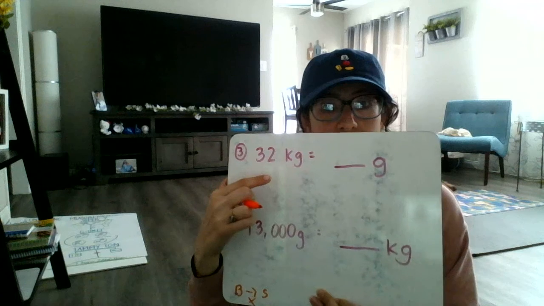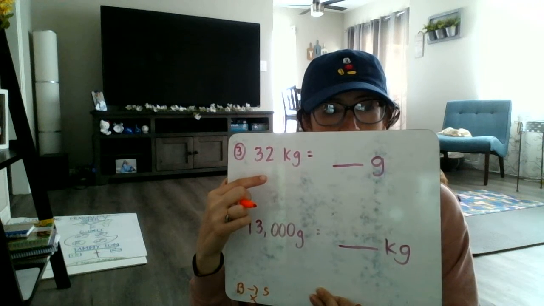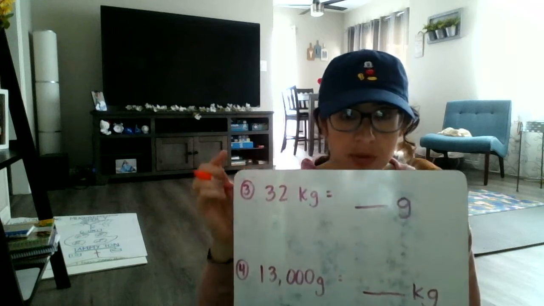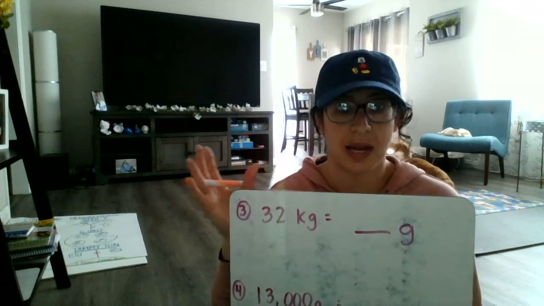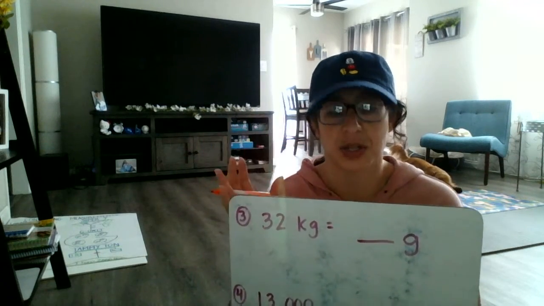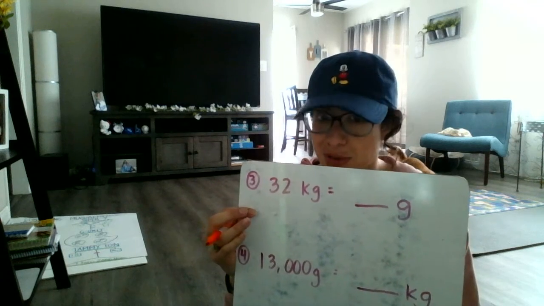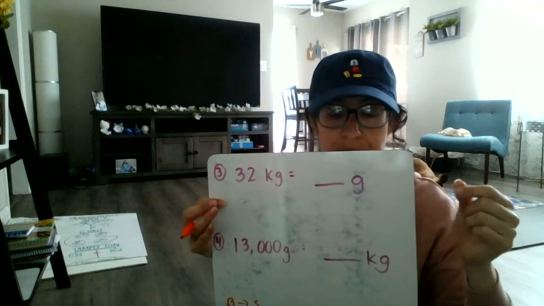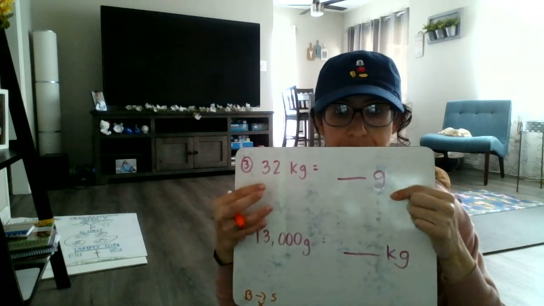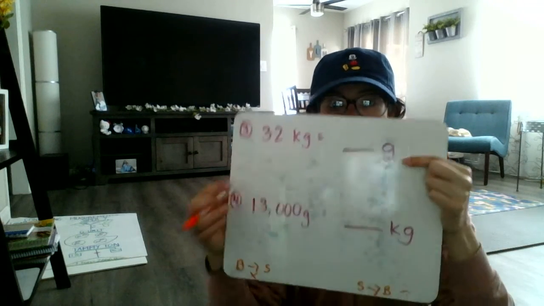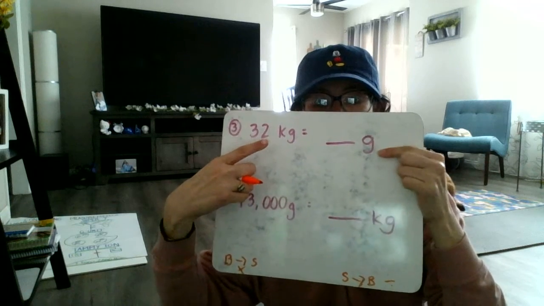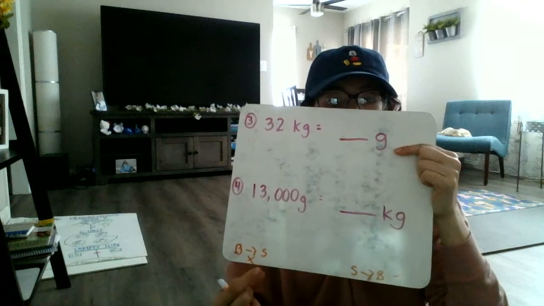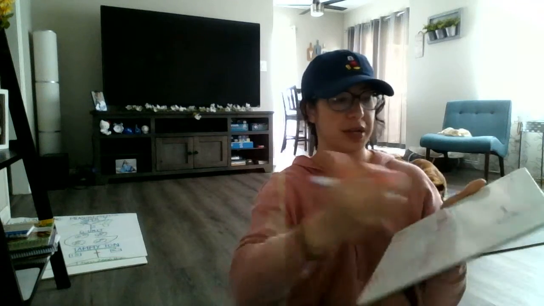So remember, 1 kilogram was the mass of a pineapple. Okay, that's how much space it took up. That's how much matter it had, not how much it weighed. Okay, and a gram was the dollar bill. So which one is smaller? This one, right? So we're going from big to small. So are we going to multiply or are we going to divide? We're going to multiply. So I'm going to write multiplication up here.